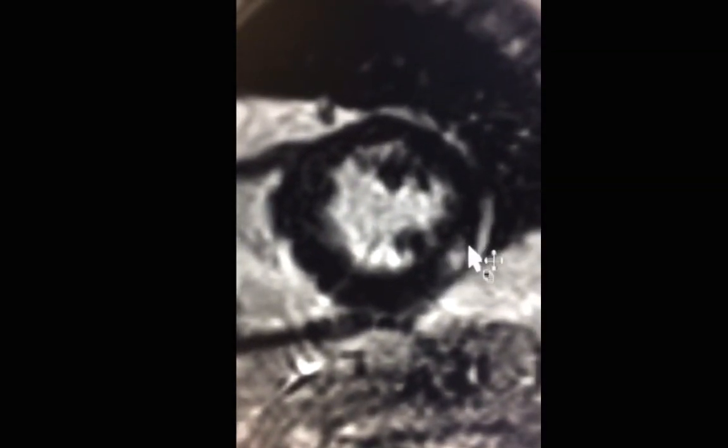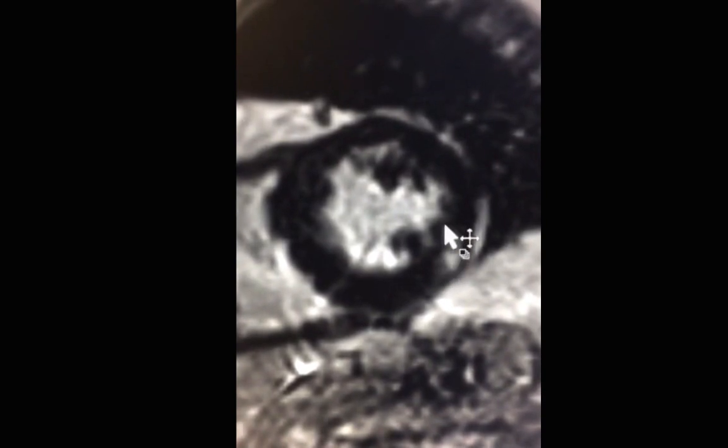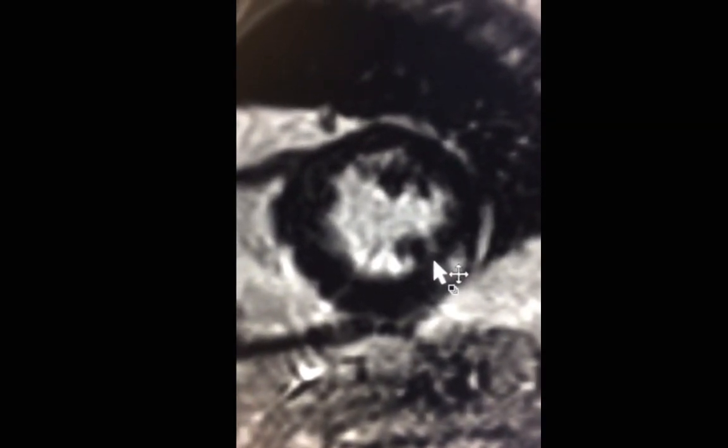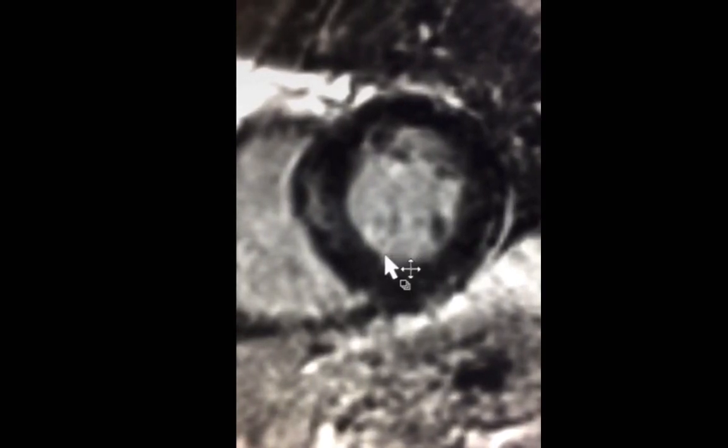Now that we know what to talk about, you have an area of abnormal delayed gadolinium enhancement in the left ventricular myocardium. The area looks like a focal patch that spares the endocardium, so this is fitting with non-ischemic cardiomyopathy. Here's a different slice.